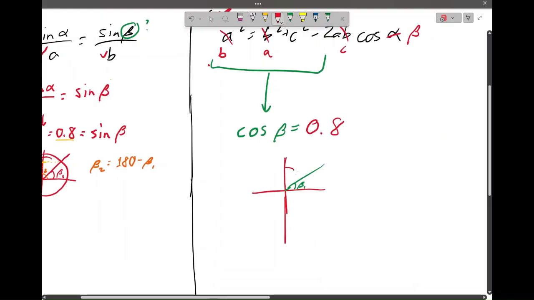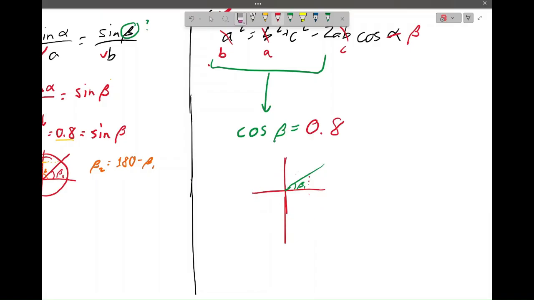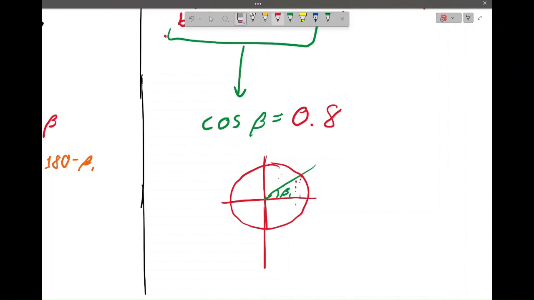On my unit circle, I'm looking for, okay, that's really bad. Let's draw another one, a little bit better. Fix this. Okay, so this is going to be 0.8, this orange part right here, this golden part.